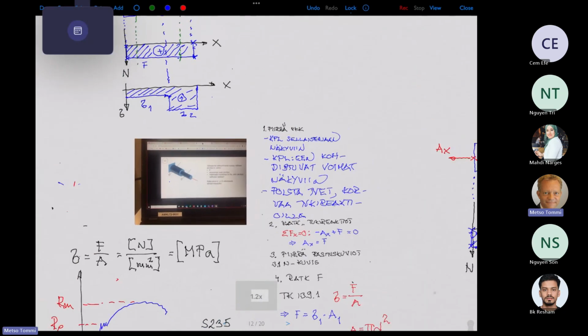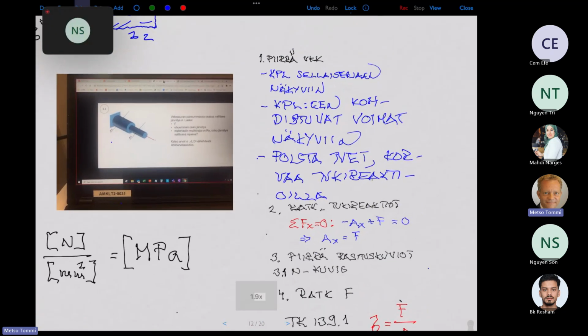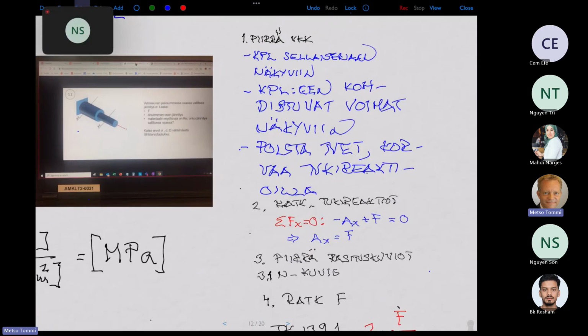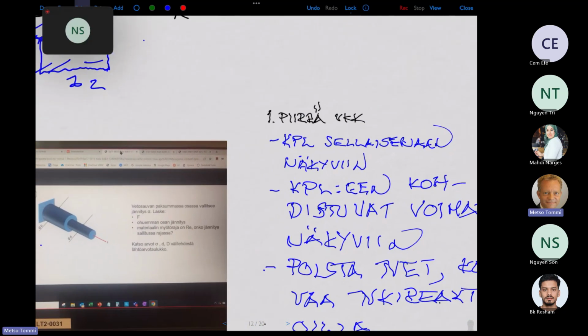Okay, this is the Finnish version, but don't worry, I'll explain all the titles on this side. The first one, what we do is, as always, draw a free body diagram, FBD.